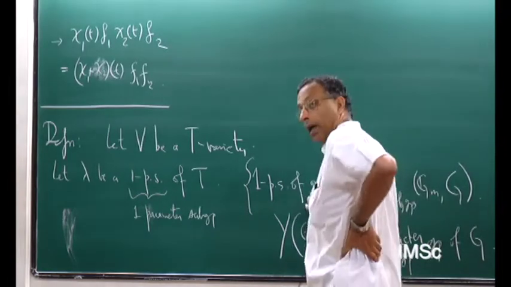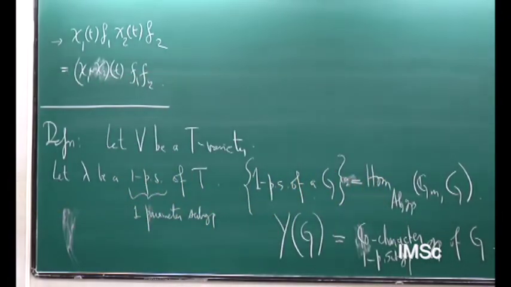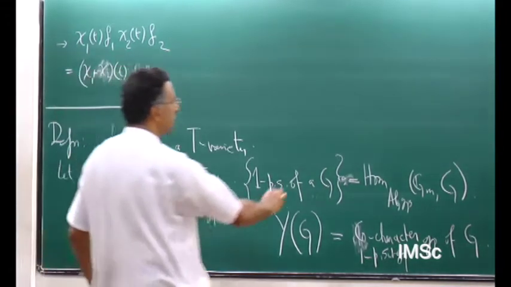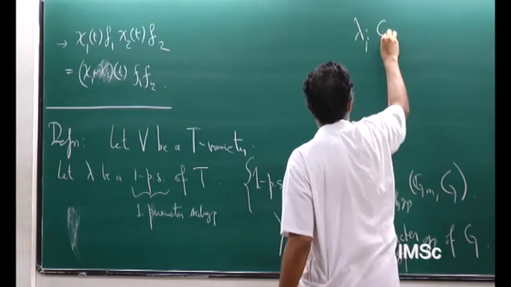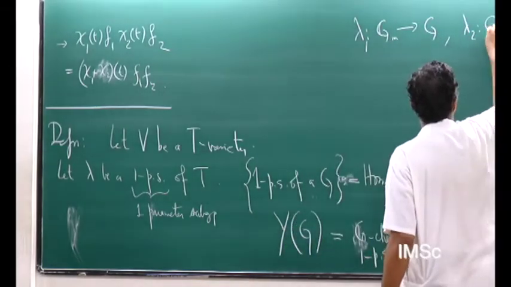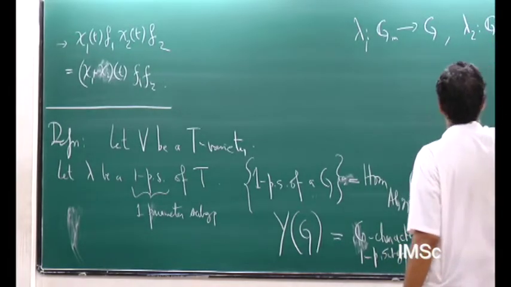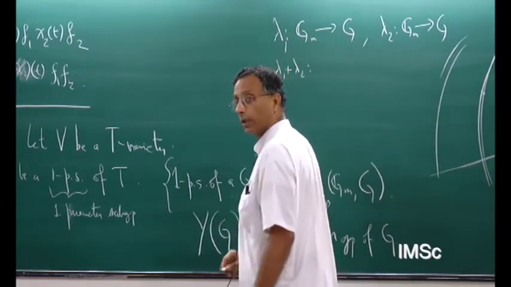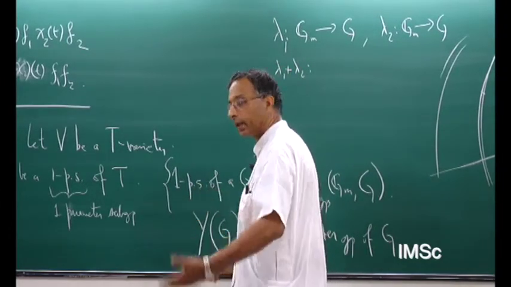Let's see if this makes sense. So I have two one parameter subgroups. I claim I can multiply them and get another one parameter subgroup, right? So lambda 1 is a homomorphism from Gm to G, lambda 2 is another homomorphism from Gm to G. How do I get lambda 1 plus lambda 2? I want to denote it additively, just like in the character group case.